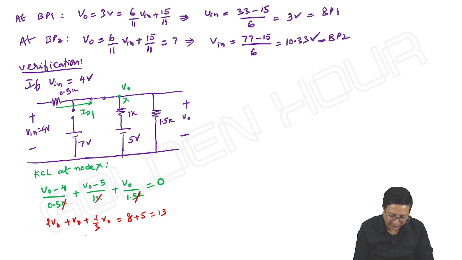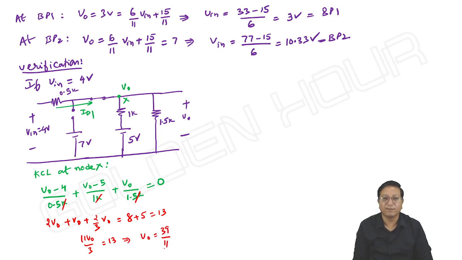We have already seen it is 11 V output by 3 is equal to 13, which implies V output is equal to 39 by 11. So how much do we get? It is 3.54 volts. It is not 3, it is more than 3.